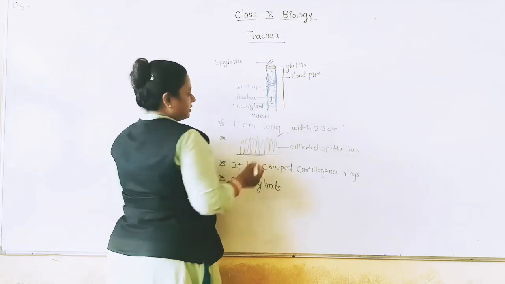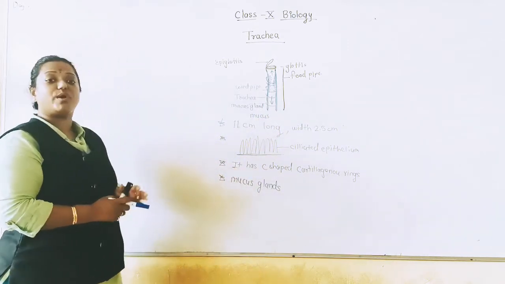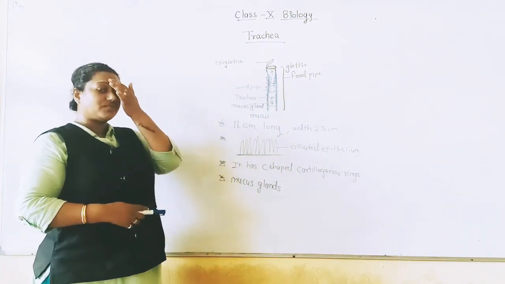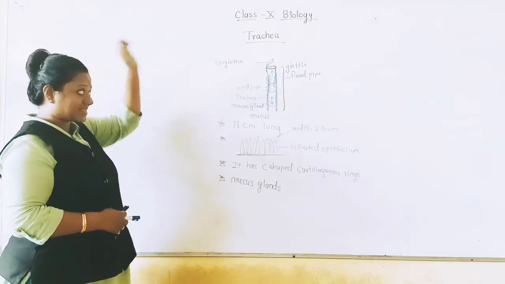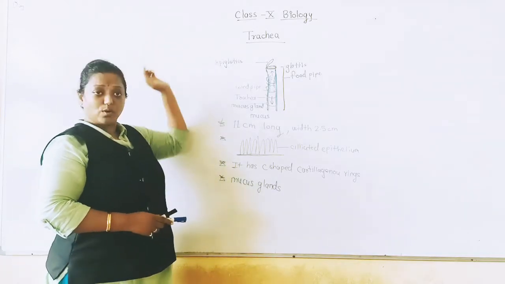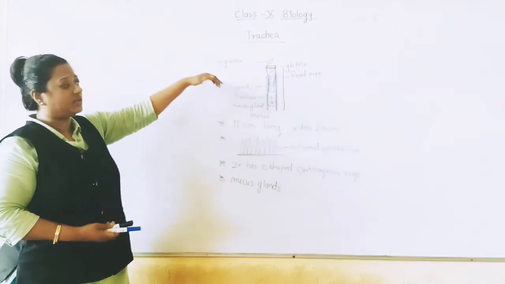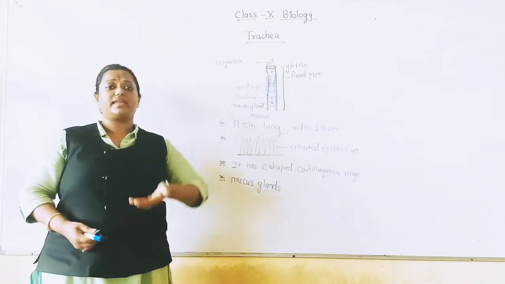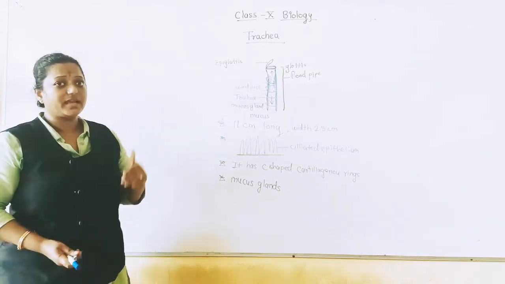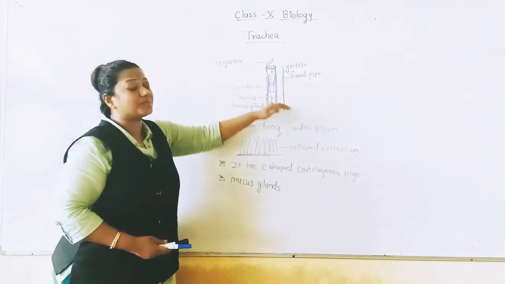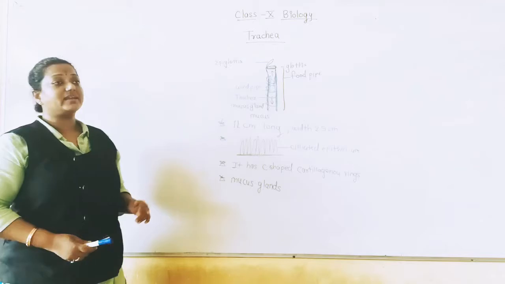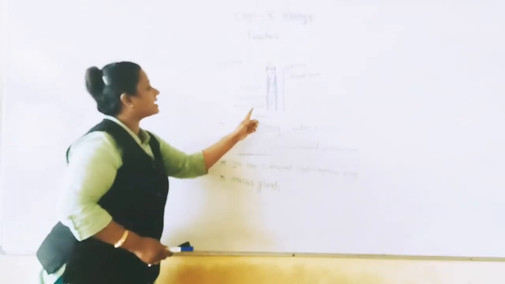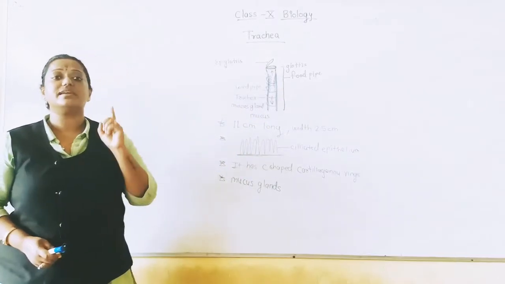Mucus. Means for passing air very smoothly, whatever oxygen passes from the surrounding environment to the lung. So while passing oxygen or while breathing out carbon dioxide, the passage must be very smooth, and so the mucus glands are present which secrete mucus.